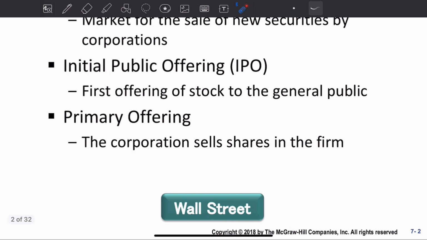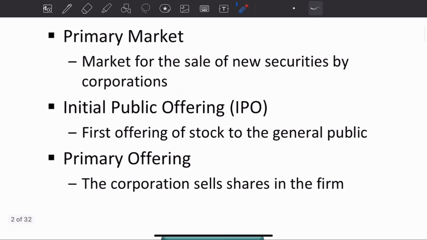Now, as opposed to a primary market, we have what is called a secondary market. If I buy some stocks through an initial public offering, the money that I pay to acquire those stocks goes to the company that issued the stocks.